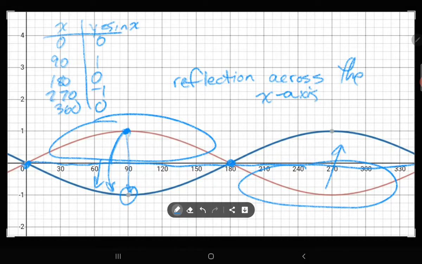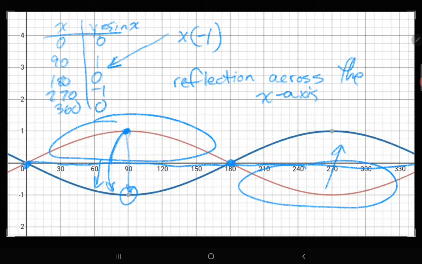Well, what has happened is now we've multiplied all of these by negative 1, because the negative is now in front of the sine x. So you now have sine x times a negative 1. And so we've essentially multiplied all of these by negative 1, hence changing all their signs. And so what we've done here is just taken all our y values and multiplied them by negative 1.